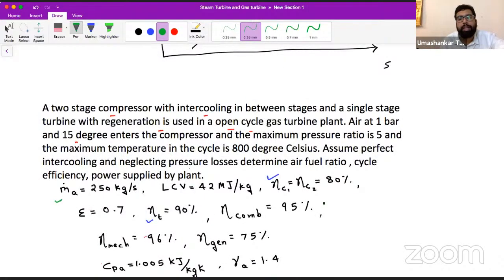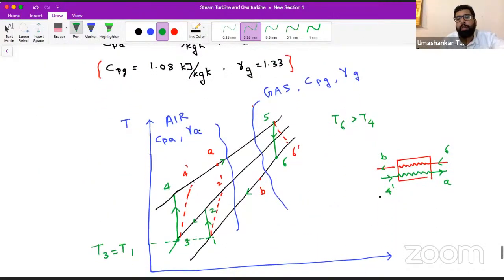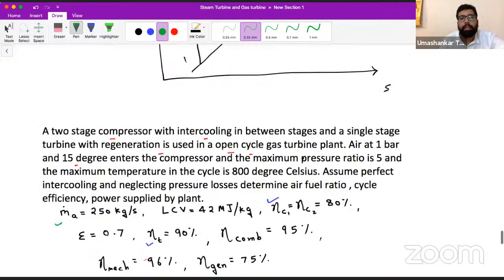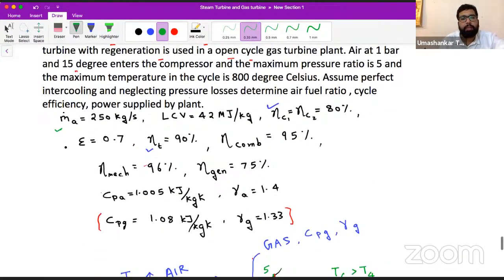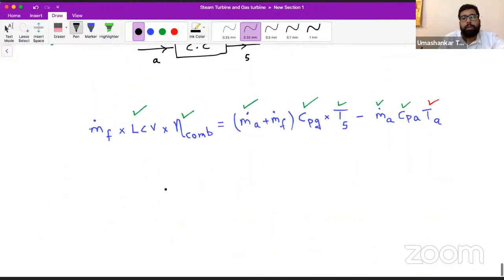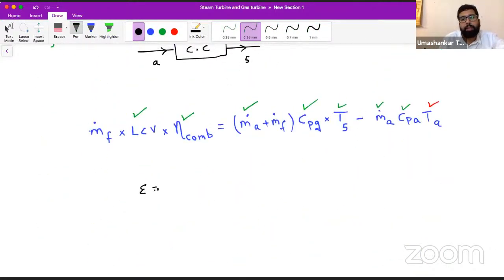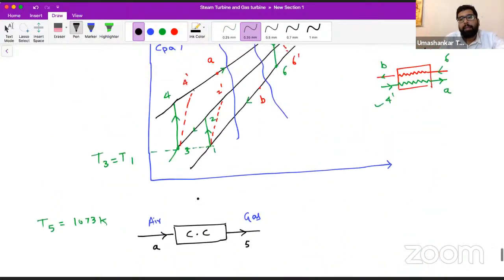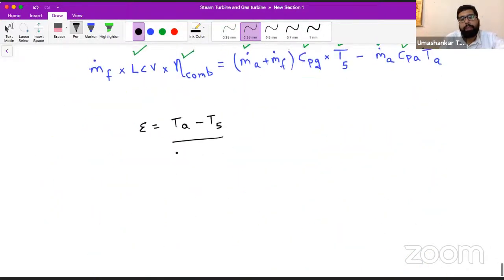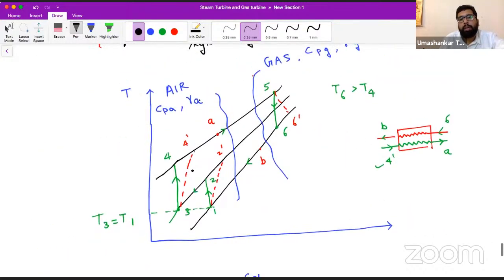So how can we find TA? For TA, we require T4 dash. Yes or no? See, the effectiveness is given to you. So you can write: effectiveness is equal to TA minus T5 divided by TA minus T6.